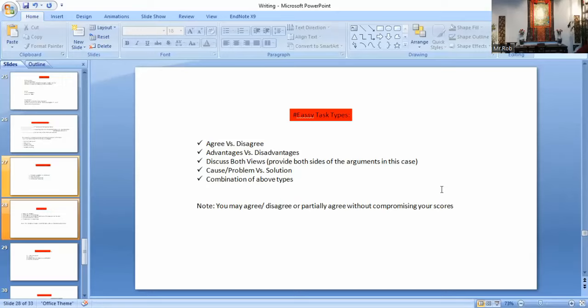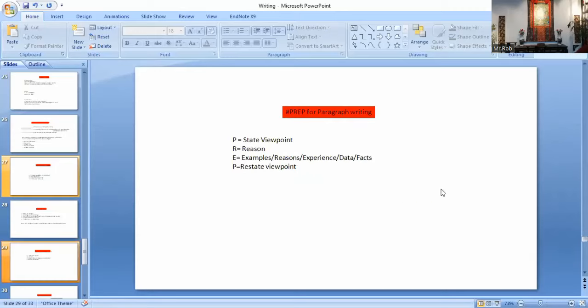Either you are agreeing to a good cause or you are disagreeing to a good cause, it does not matter. You might say, I think going to school for education is bad. This might be correct, but you have to support it well. You have to convince your reader by giving suitable examples, opinions, and data and figures.